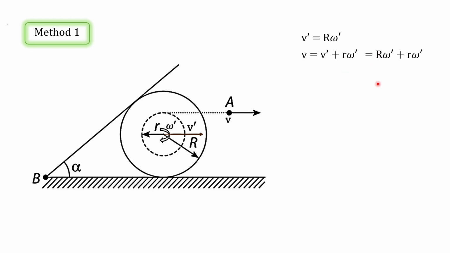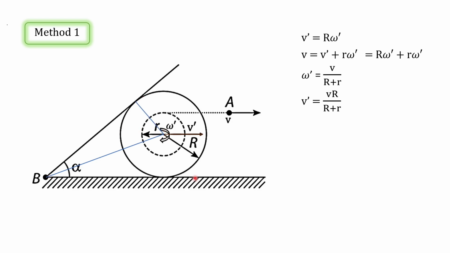So that equals capital R omega dash plus small r omega dash. So we get omega dash, the angular velocity of this bobbin, equals v by R plus r. So v dash, the velocity of the center of mass of this bobbin roll, is vR by R plus r.